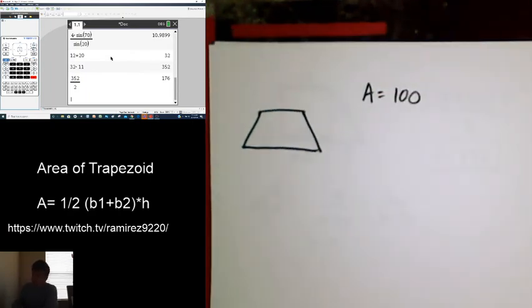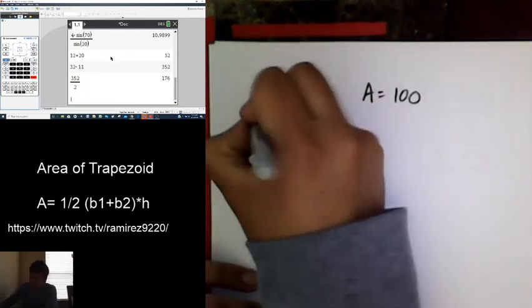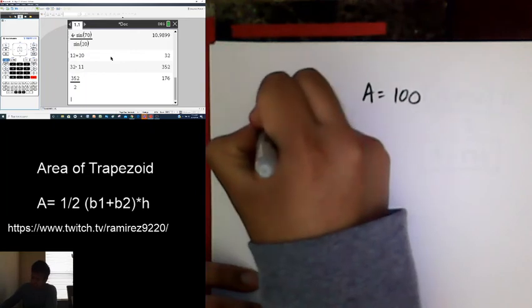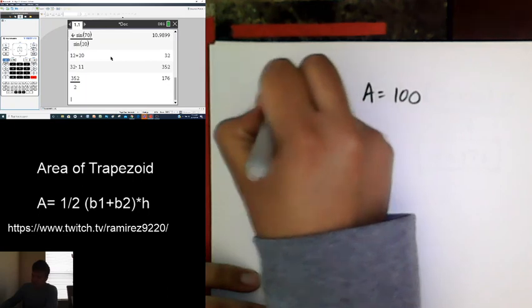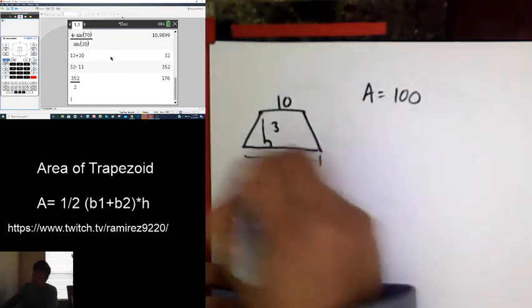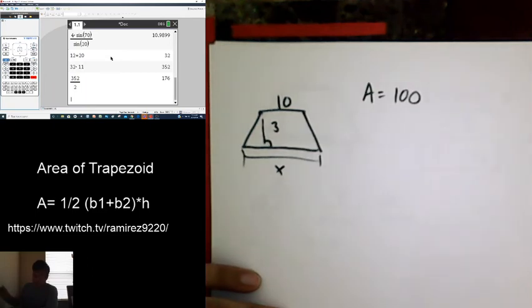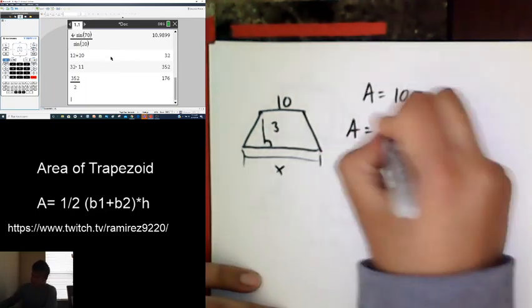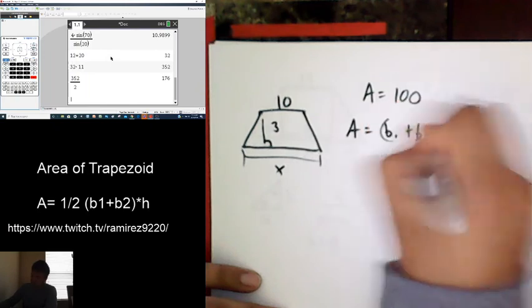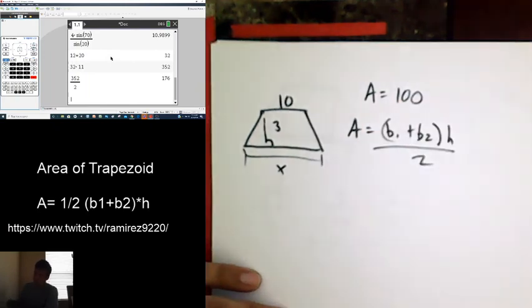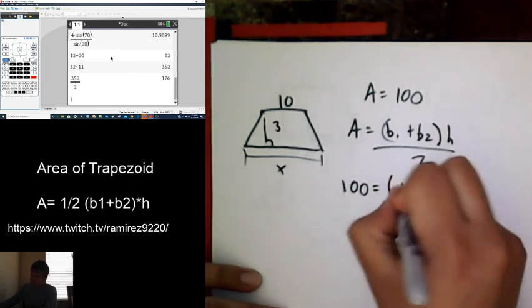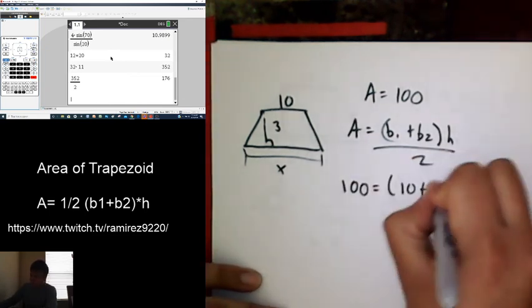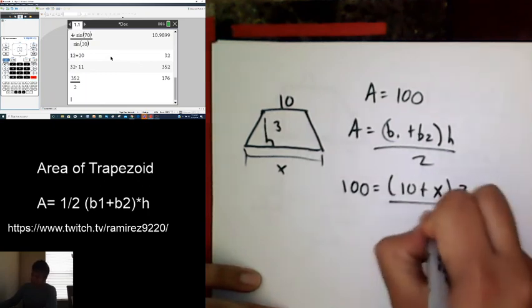Okay, and they told you that the height was 3 and this base right here was 10, and you had to find the other base. Well, it's all about the setup. So normally area is b1 plus b2 times the height divided by 2. So just plug in everything you know. So it becomes 100 is equal to 10 plus b2, which is your x, times 3 divided by 2.